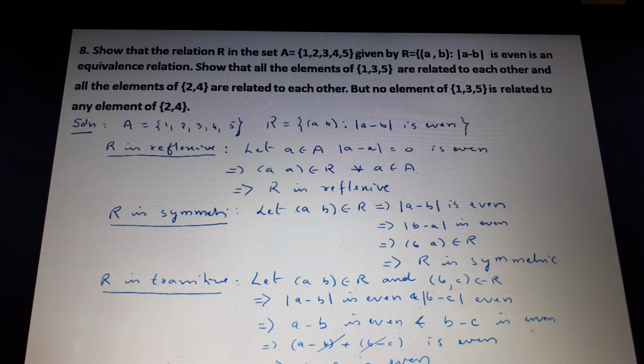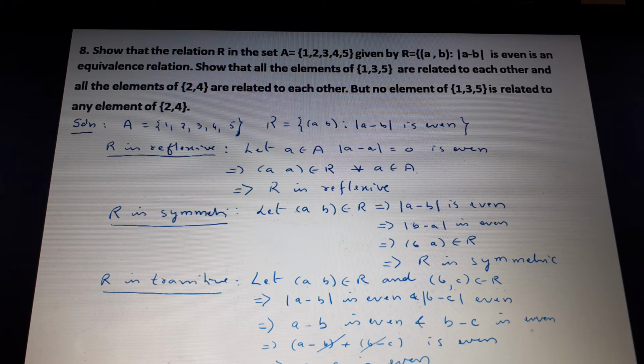If |a − c| is even, (a, c) should be in R. So (a, b) is in R, (b, c) is in R indicates (a, c) is in R. So this implies R is transitive also.